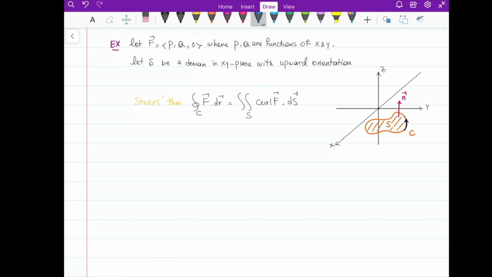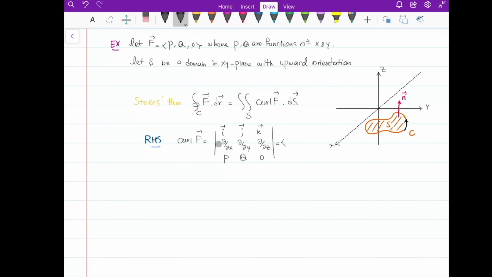Okay, I'm going to start with the right hand side, and I'm going to calculate curl of F. If you remember the formula of curl, it was the determinant of this matrix: i, j, k, partial derivative with respect to x, with respect to y, and then with respect to z, and then I'm going to put F on the last row, P, Q, and 0.